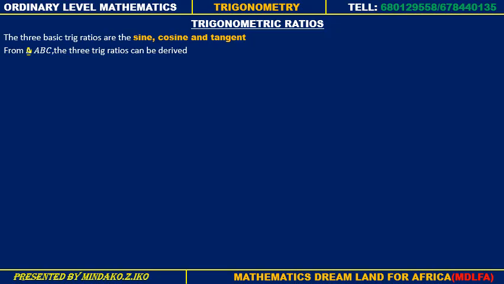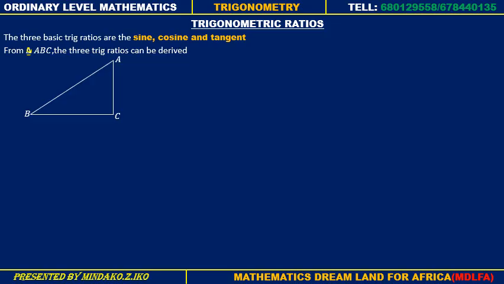So from triangle ABC, the three trig ratios can be derived. Let me draw a triangle, ABC. From this triangle, the three basic trig ratios can be derived.